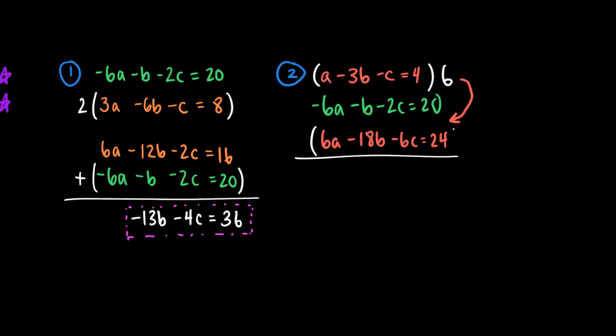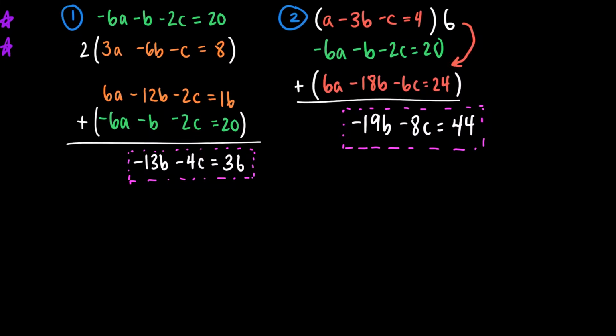The A's go away, so you've got negative B minus 18B is negative 19B. Negative 2C minus 6C is minus 8C, and that's equal to 20 plus 24 is 44. So here's another equation that only has B and C in it. It's gotten rid of the A.